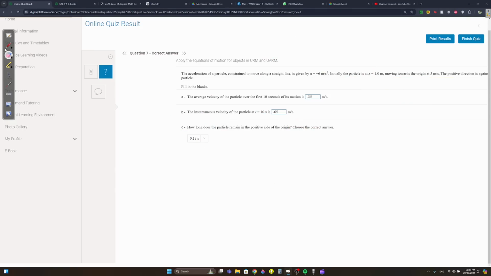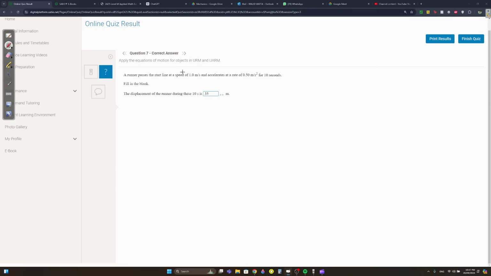Question 7. A runner passes the start line at a speed of 1 meter per second, so u is 1. He accelerates at 0.5, so a equals 0.5 meters per second squared, for 10 seconds, so t equals 10. What's the displacement? They want x. How can I find x having a, t, and u? x equals half at squared plus ut plus x node.